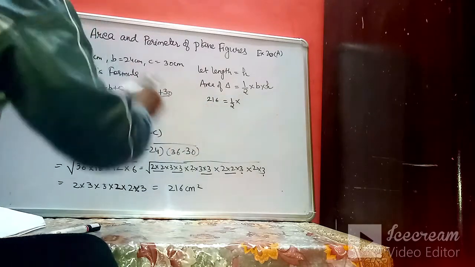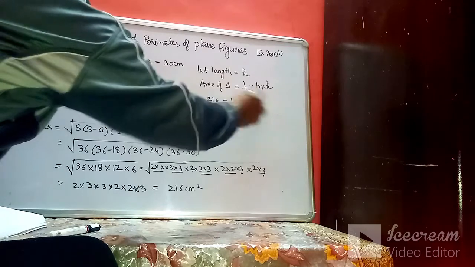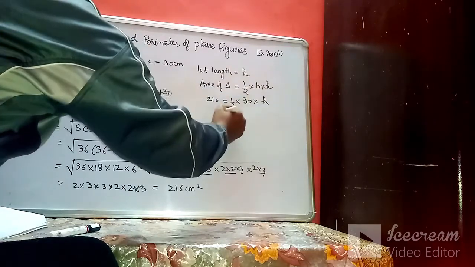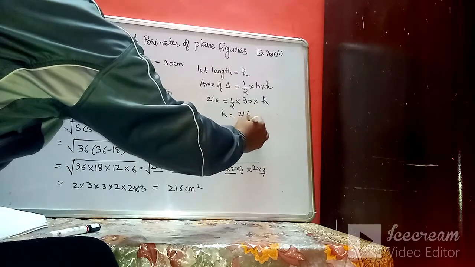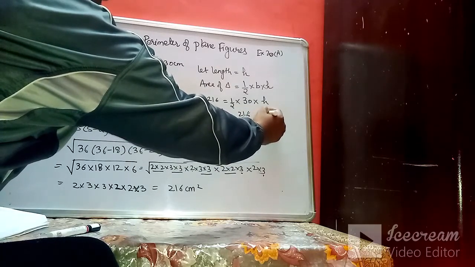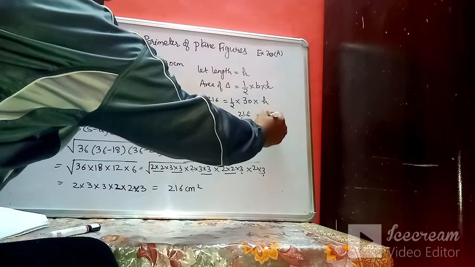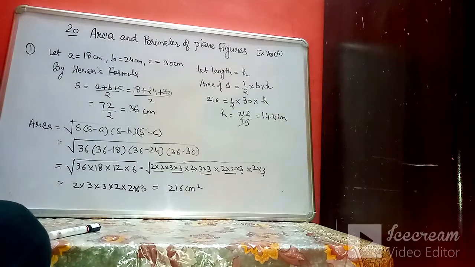Half, we have to take the largest side. Largest side is 30 and height is h. So h will be 216 upon 15, that is 14.4 centimeter. Okay, so this is the height of the triangle corresponding to the largest side of the triangle.